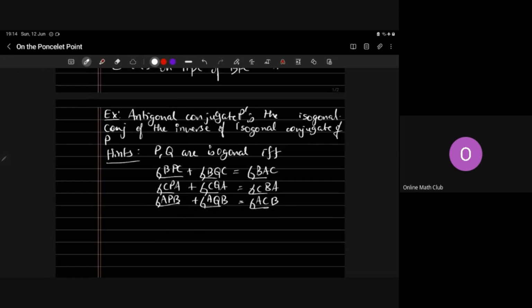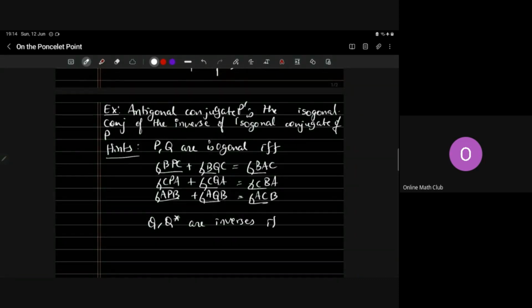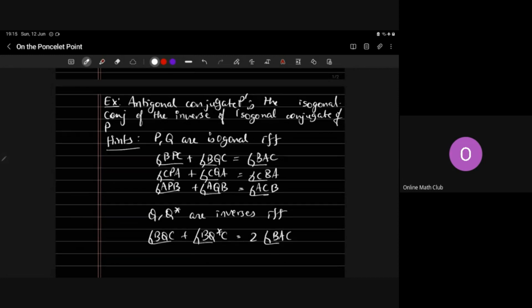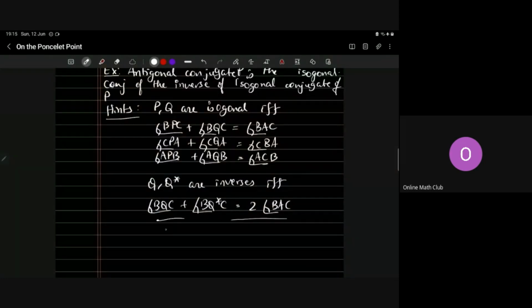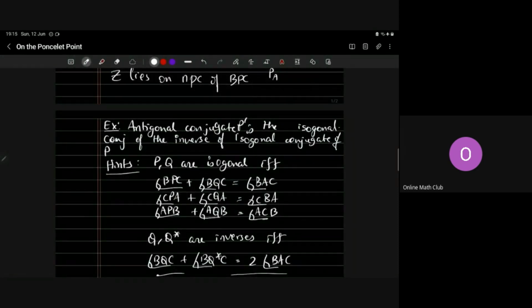And then there's another condition: Q and Q star are inverses if and only if angle BQC plus angle BQ star C equals 2 times angle BAC, etc. I'm not writing the other two. Yeah, using these two, we can do this exercise.